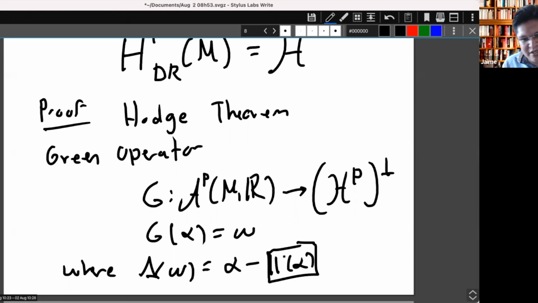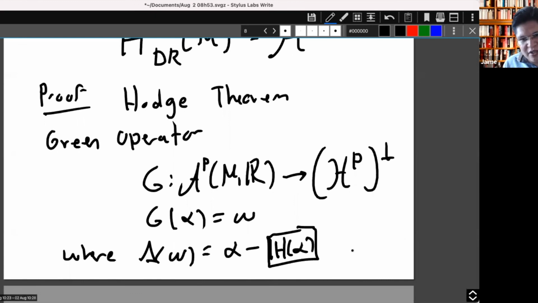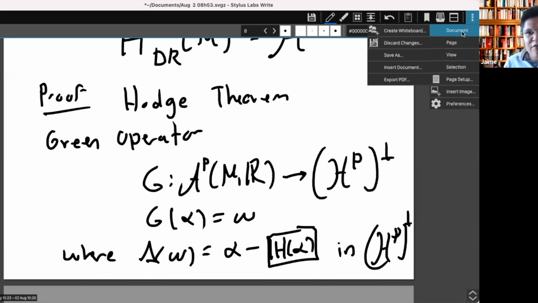Let's call it H, right? And this is in H^P orthogonal.